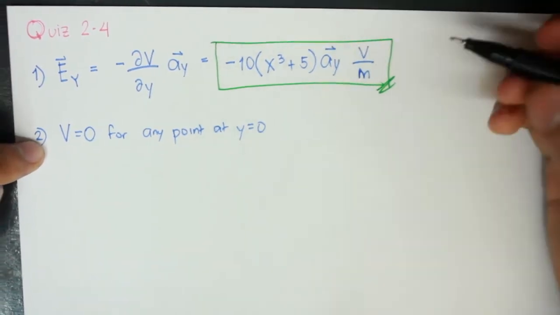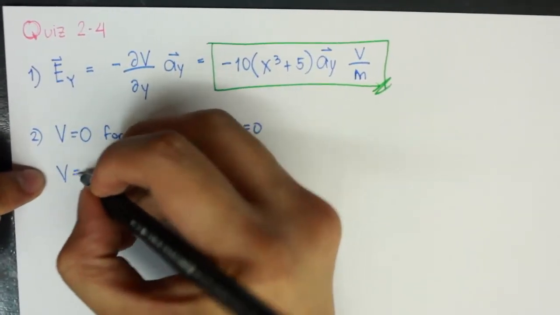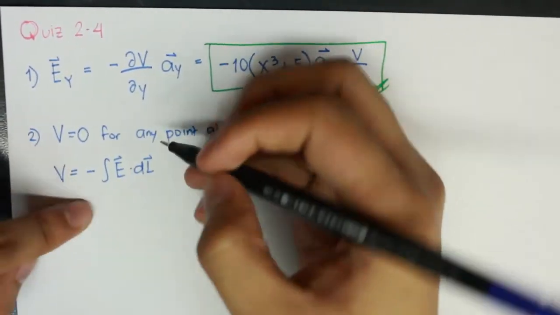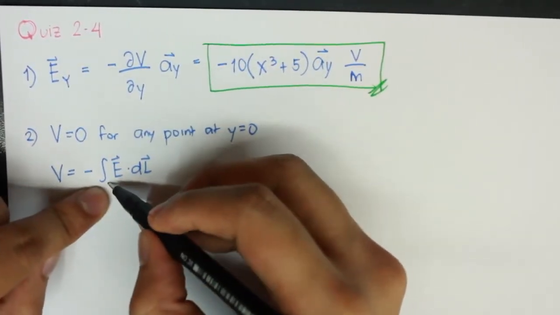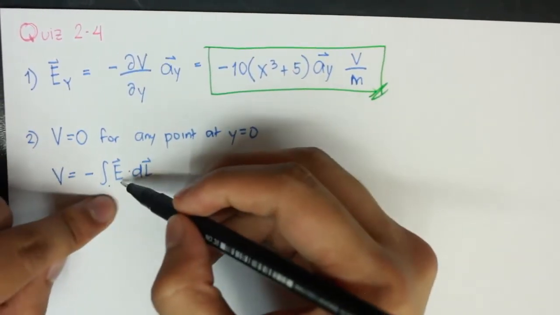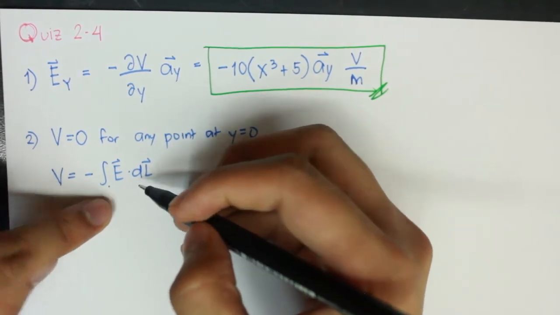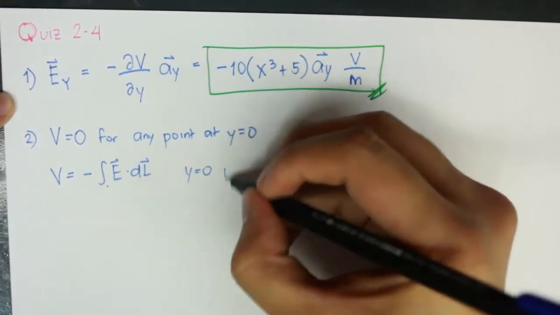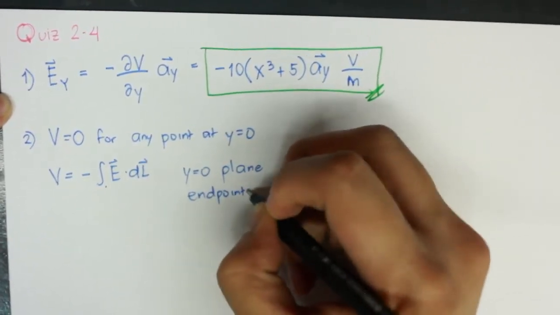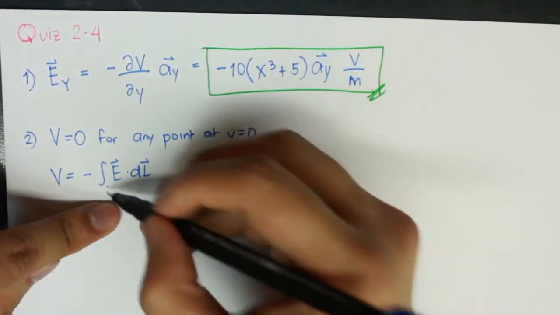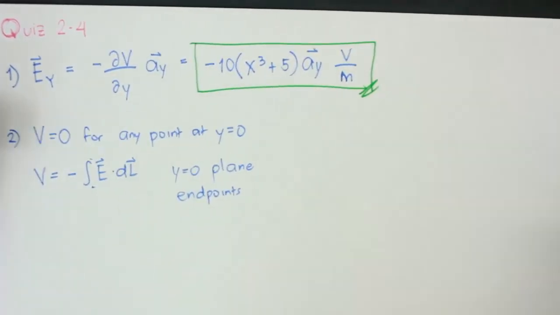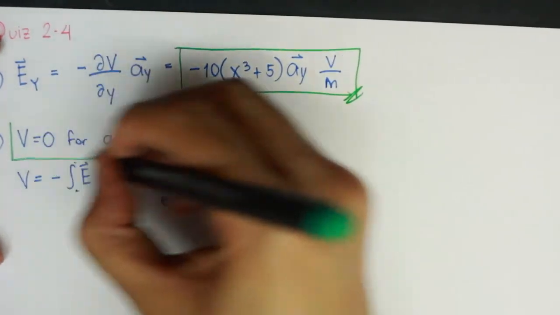Pero actually, pwede nyo rin evaluate yung V equals negative E dot dl given na yung endpoints kung saan natin i-integrate itong electric field na to ay nasa y equals 0 plane. So the endpoints should lie on the y equals 0 plane. And still, we have to get V equals 0.